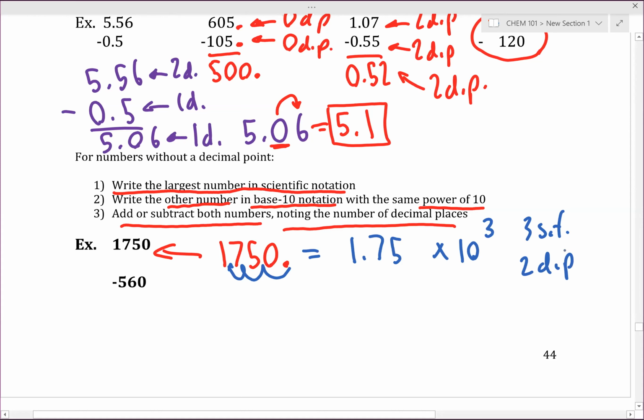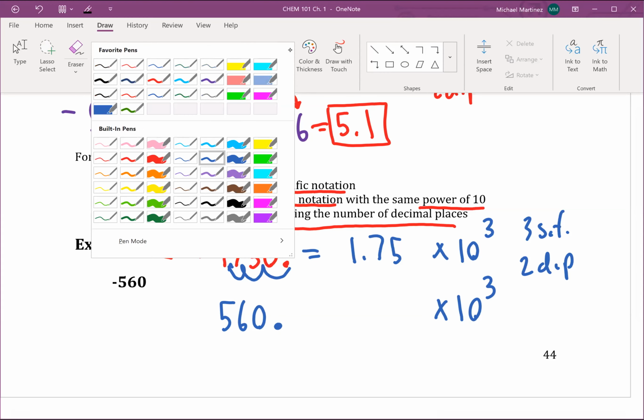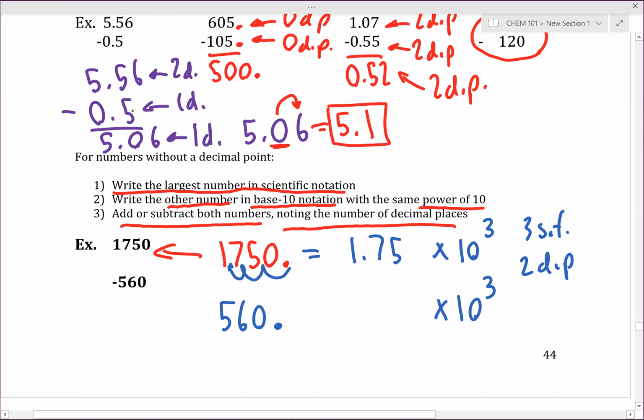Okay, now our new goal is to take 560 and get some number times 10 to the third. So to get the same power of 10, we're going to put our decimal point at the end, and how many spaces are we going to move it to the left?